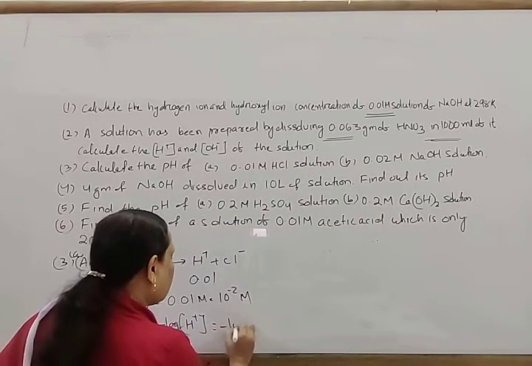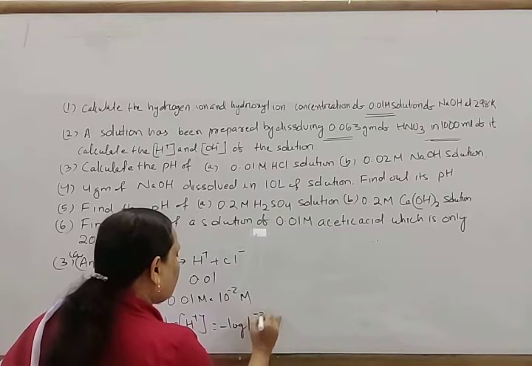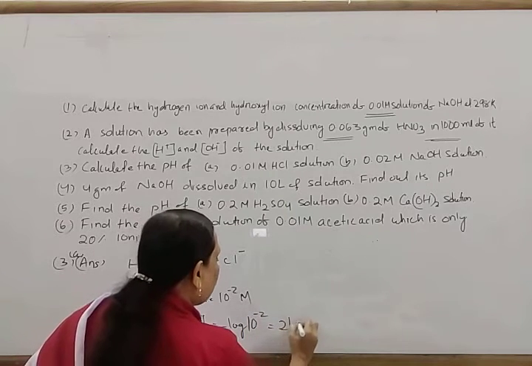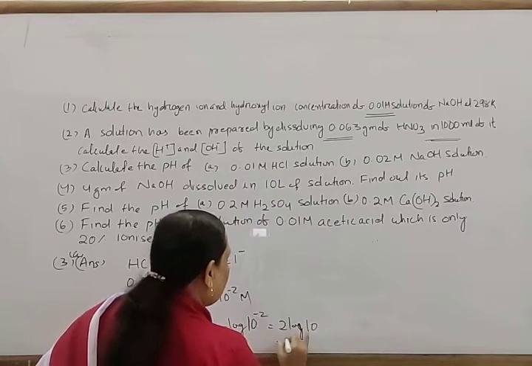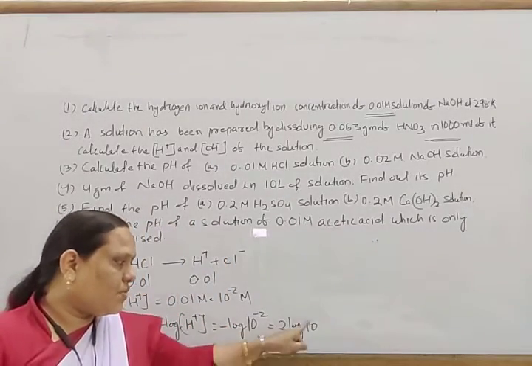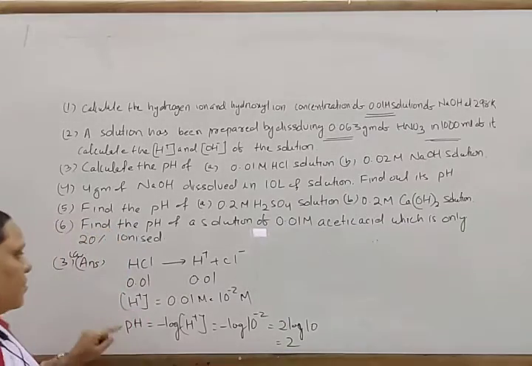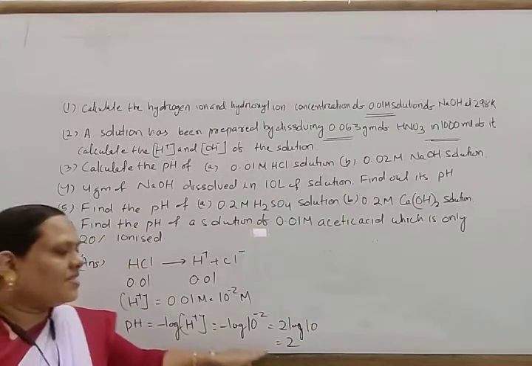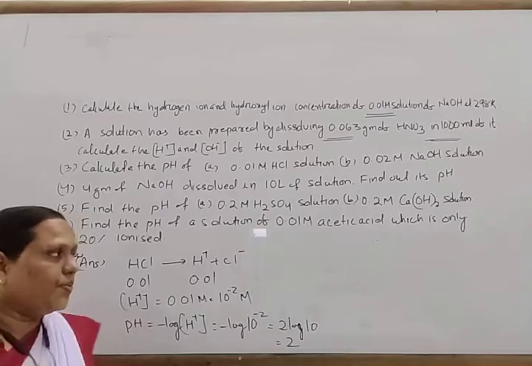That is minus log 10 to the power minus 2, and log 10 value is 1, so 2. The pH of 0.01 M HCl solution is equal to 2.